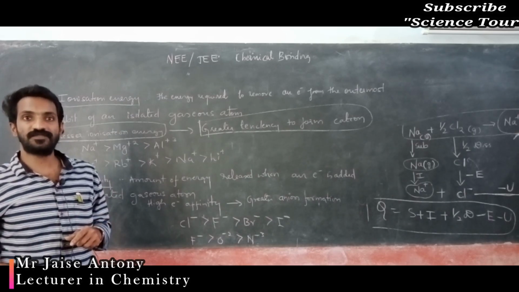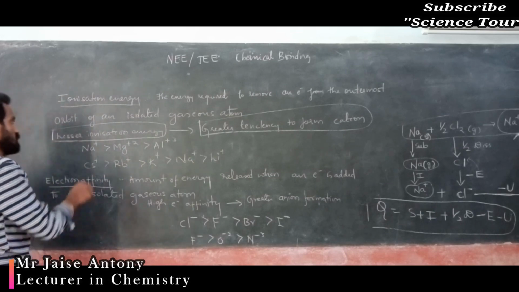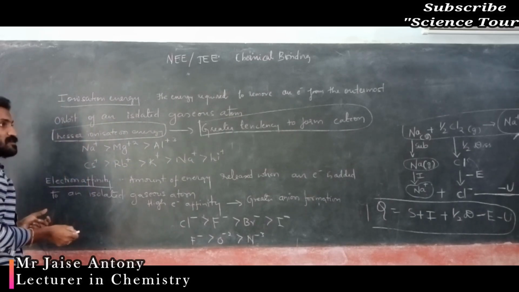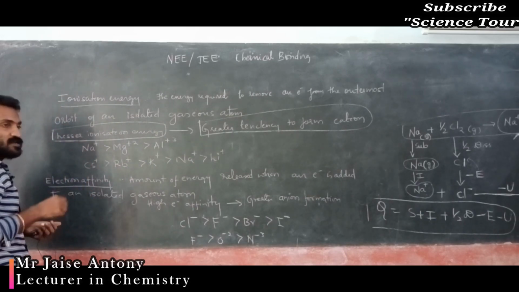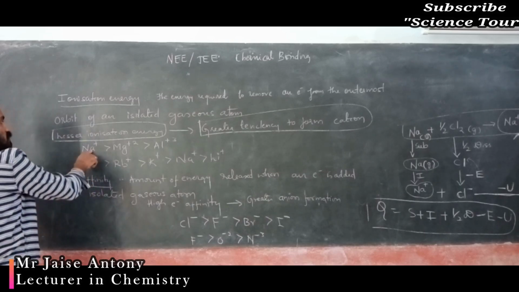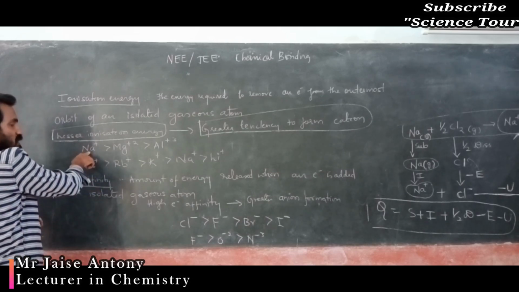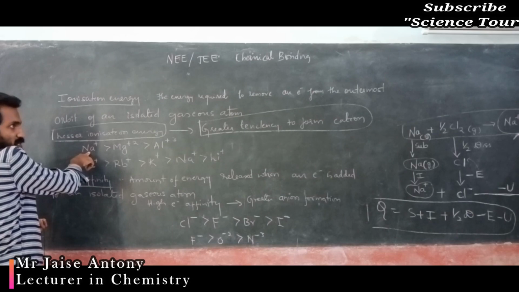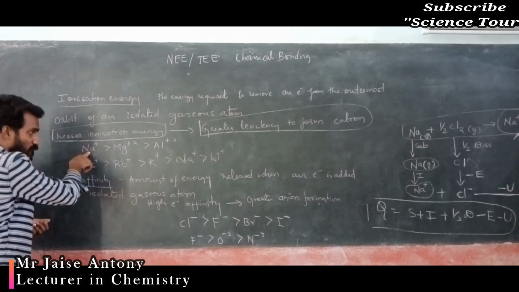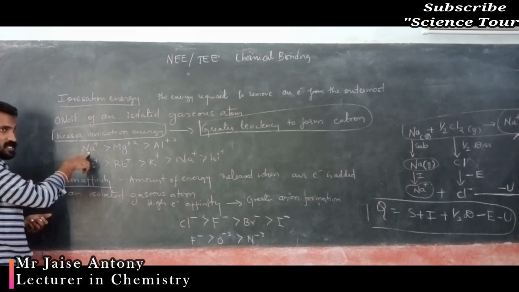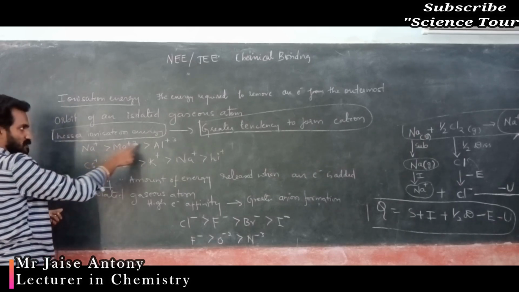Cation means positive. So in the trend, less energy is required for removing 1 electron from sodium, so sodium easily forms a cation. Less energy is required to remove 1 electron from sodium compared to magnesium, compared to aluminum.